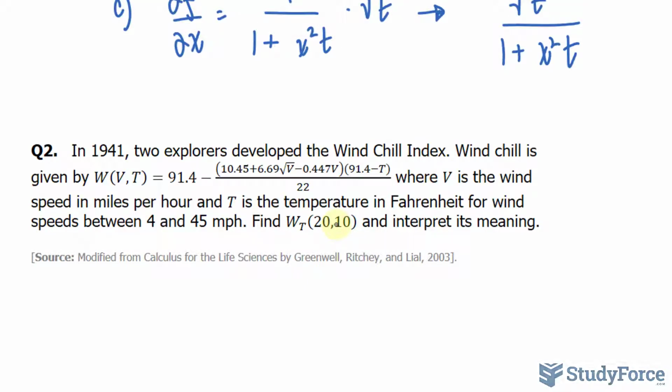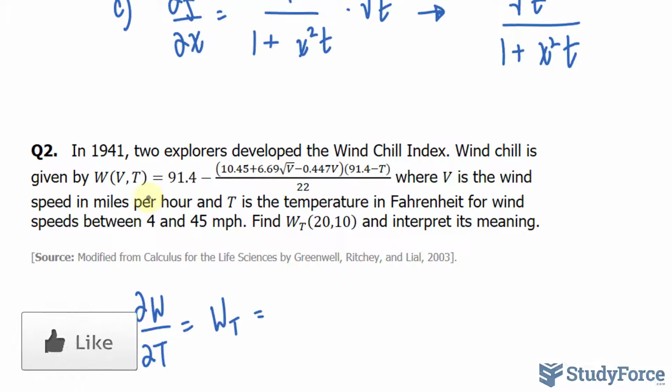We first have to find the partial derivative of our function with respect to t, and that can be represented as the partial derivative of our function w with respect to t, or you can represent this as w sub capital T. This is a constant, and taking the derivative of a constant makes it 0, so we're not going to write anything to represent 91.4.